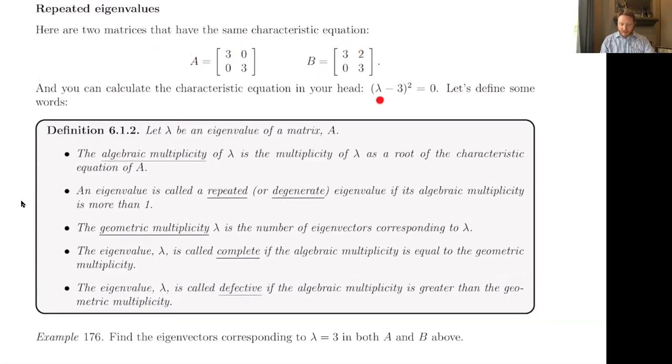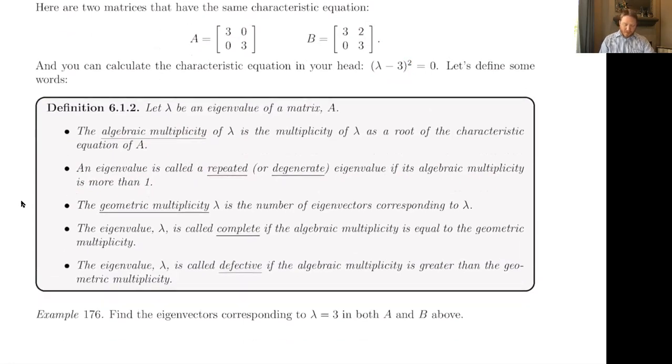So lambda is a root of multiplicity 2 of the characteristic equation, so I'm going to call that the algebraic multiplicity. Then an eigenvalue is called repeated or degenerate if the eigenvalue has algebraic multiplicity more than 1. Okay, so repeated is when they will have a multiplicity that's more than 1.